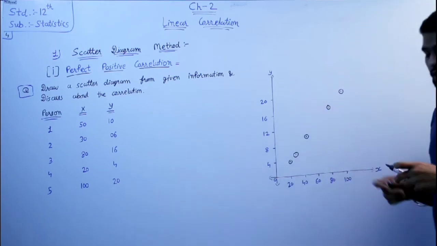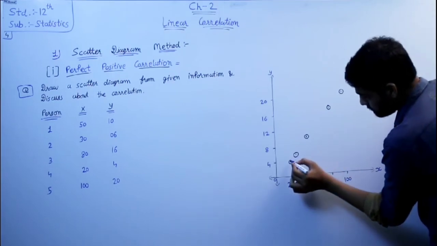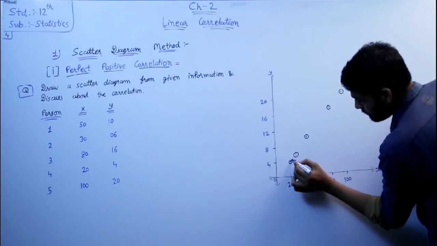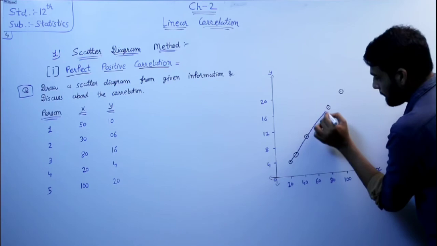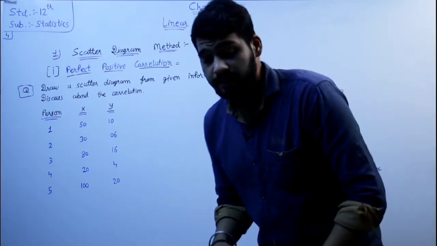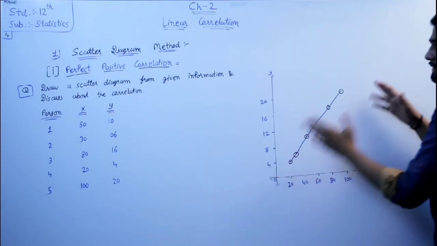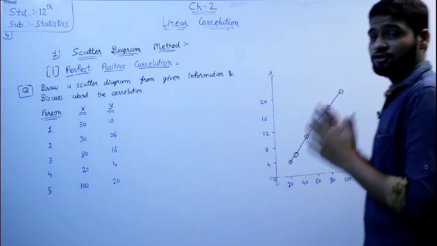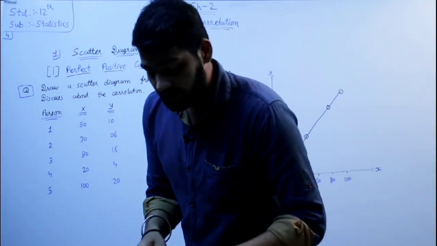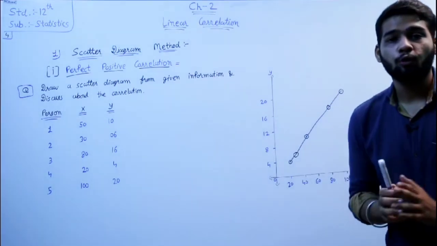Okay students, now we join all these points. The direction is upward, from left to right. That means this graph shows that the correlation between the two variables is perfect positive correlation.